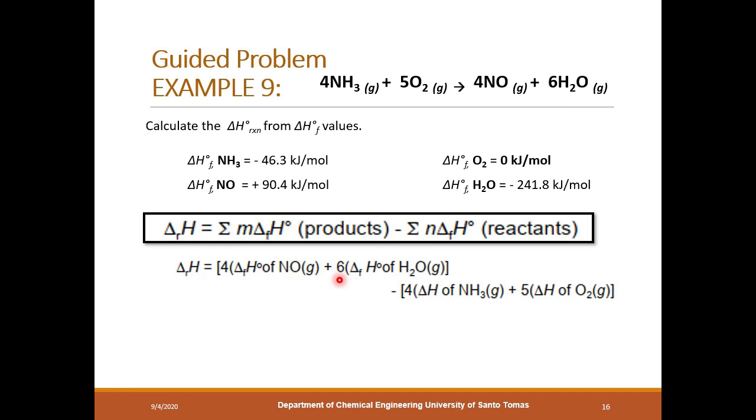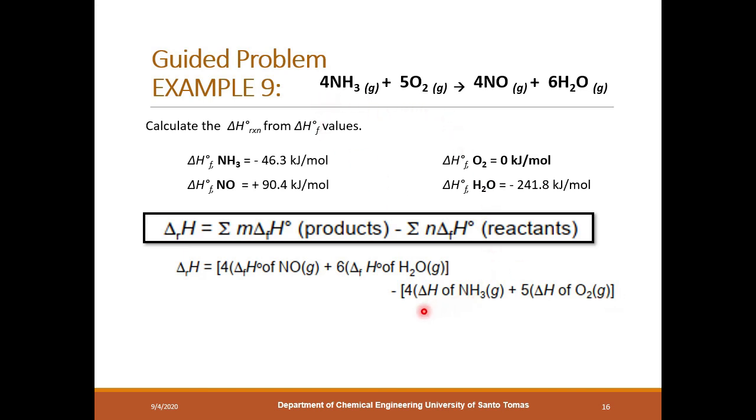Then, we add the 6 moles of gaseous water multiplied by the standard enthalpy of formation for gaseous water. These two sum up the enthalpy of our products. Now, we subtract the enthalpy of our reactants, which are ammonia and oxygen.